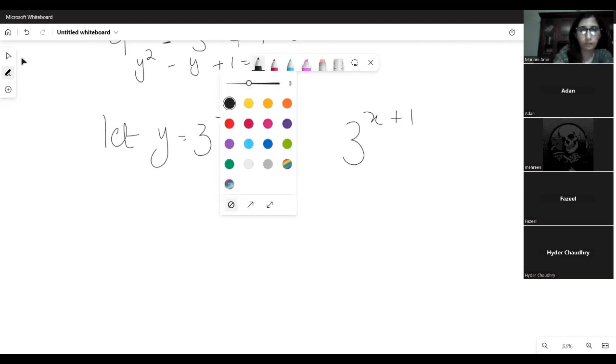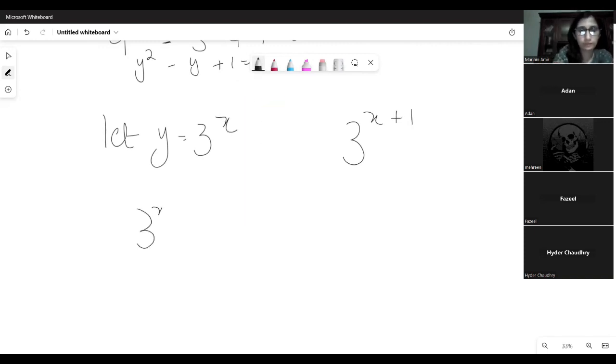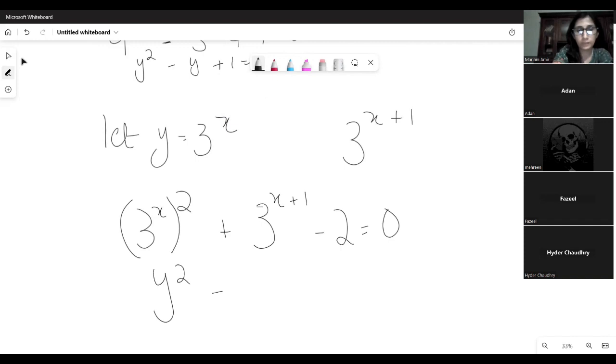For example, you have 3y whole square plus, let's say, 3 power x plus 1 minus 2 is equal to 0. So this part became y square, but this is not y. This has to be further broken down. Y is 3 power x.